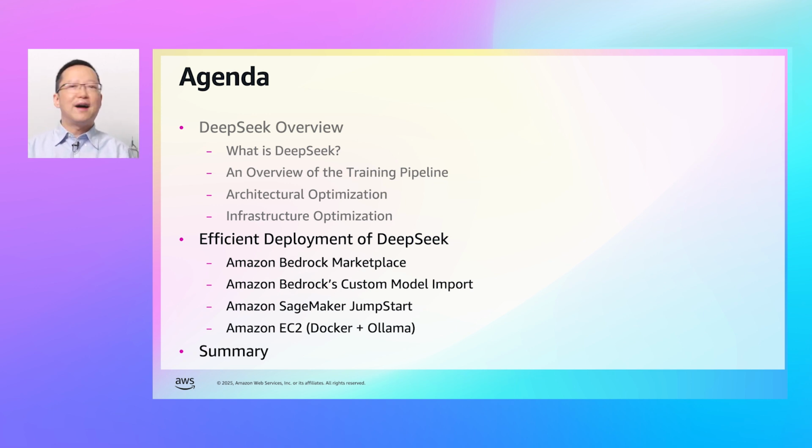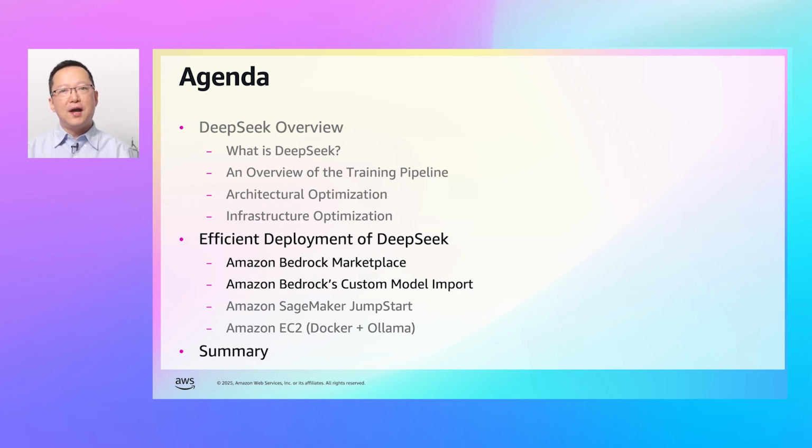Actually, there are other deployment methods on AWS that are more suitable for large-scale production environments, such as deploying DeepSeek models on EKS, etc. Regarding this part, my colleagues will have dedicated sessions to cover these topics specifically.